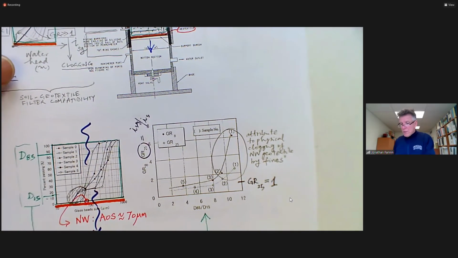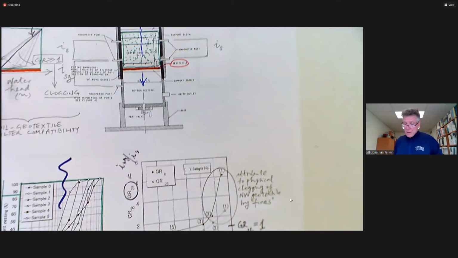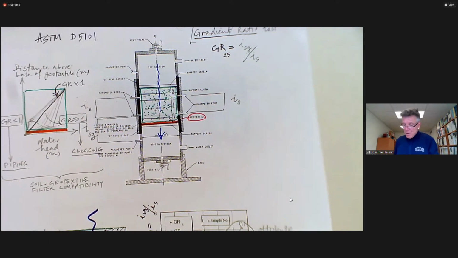Okay, so interim summary, and then I'm going to make a closing remark on the next page.